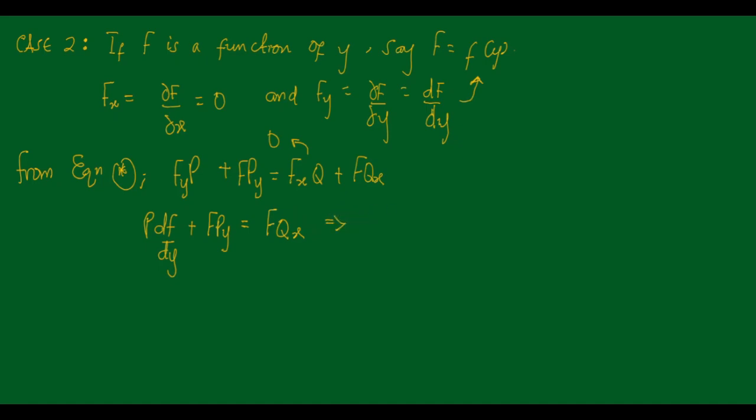So just as we evaluated in the previous video, we'll divide both sides by fq. So we have p divided by fq df dy plus f divided by fq. Oh, sorry, we'll divide both sides by fp instead.